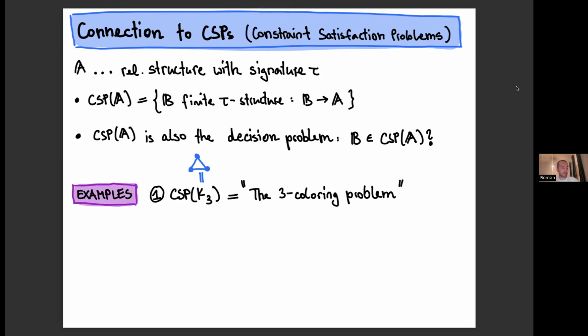So again, let's look at some examples. I already mentioned this earlier. If we take as a template K3, the triangle graph, then the CSP of K3 is the three coloring problem. A finite graph maps into K3 if and only if it has a three coloring.